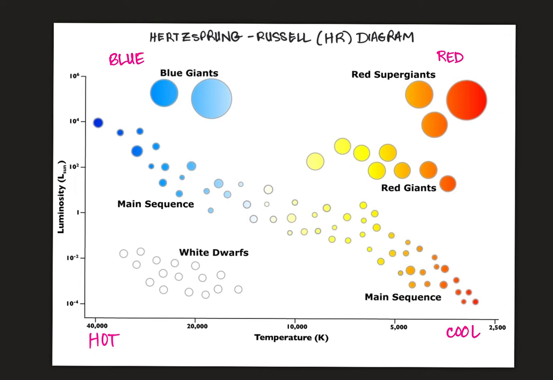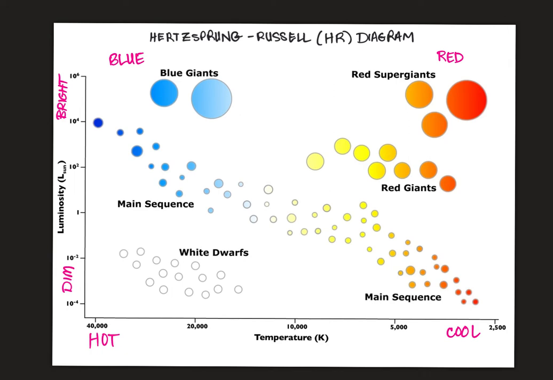If you look at the y-axis, that's luminosity, or how bright the stars are. The brightest stars are going to plot at the top of our diagram. So right here is where bright stars plot. And stars that are very dim or hard to see, those are going to plot toward the bottom.